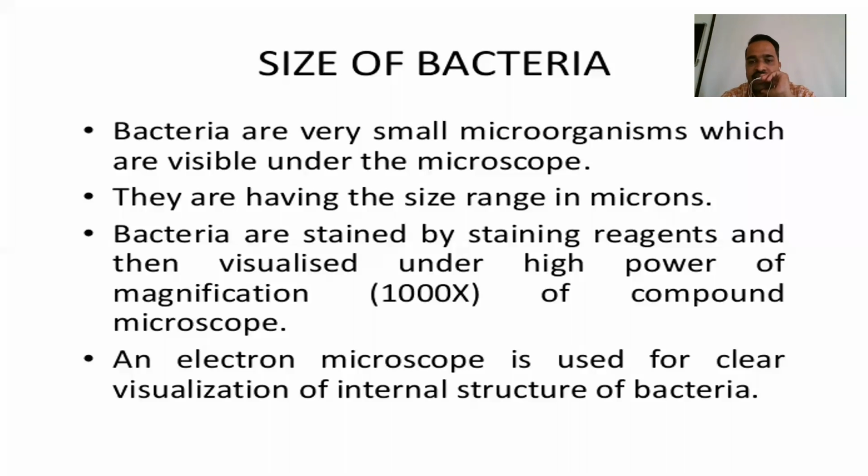Bacteria are stained by staining reagents and then they are visualized under high power magnification. So in microscopes, you have a high power magnification microscope that has up to 1000 level of zooming capacity. That particular microscope has the capacity to zoom up to 1000x compared to the compound microscope.